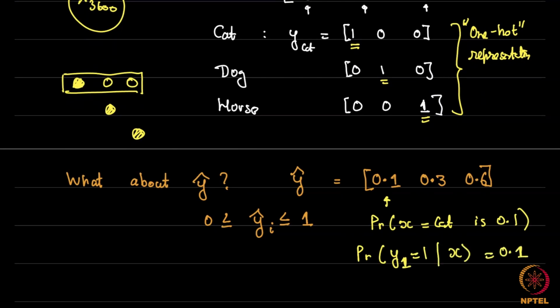Okay, remember y1 is just the first component. This one is probability that this is a dog is 0.3 and probability that this is a horse is 0.6. Since the greatest probability occurs for a horse, we'll classify this as a horse, but we'll say it's a horse with 60% probability. So this is a very simple representation.